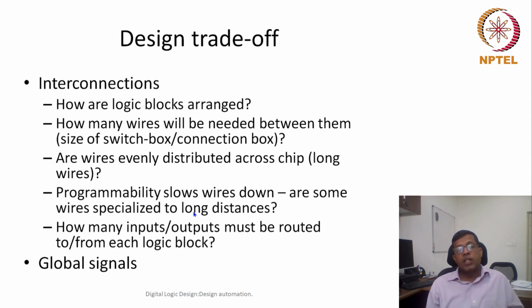Now programmability is also an interesting question here. Whenever two wires get connected using a pass transistor or this pass logic, it always slows down the wire. Basically, whenever you are using pass transistor logic to pass a one to the other end, because of the internal structure of the pass transistor, the wire is much slower than a non-programmable wire or a direct wire.